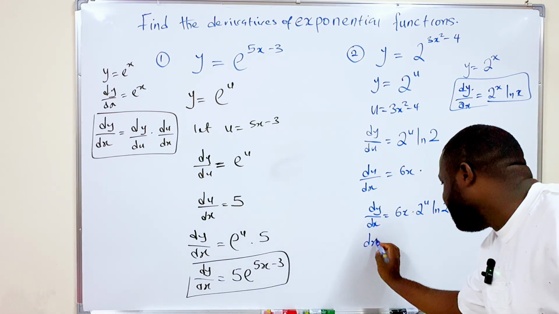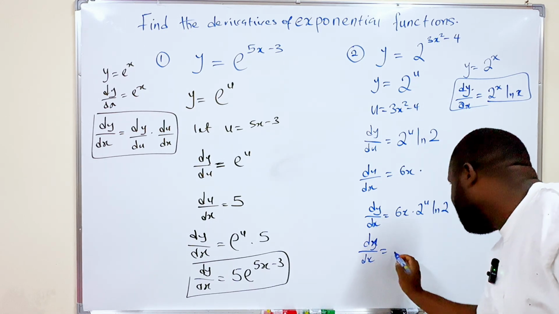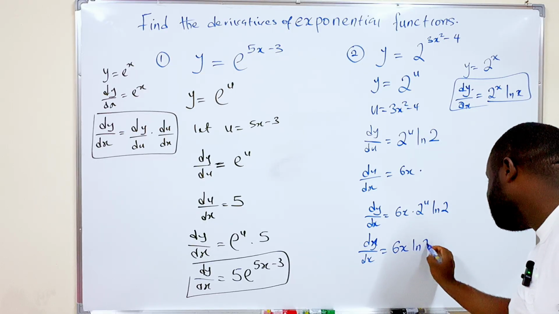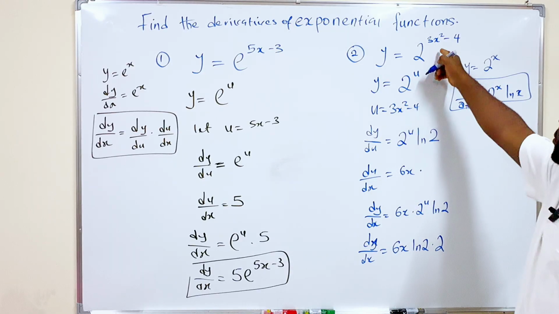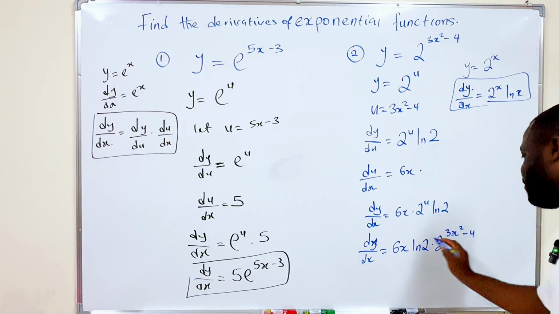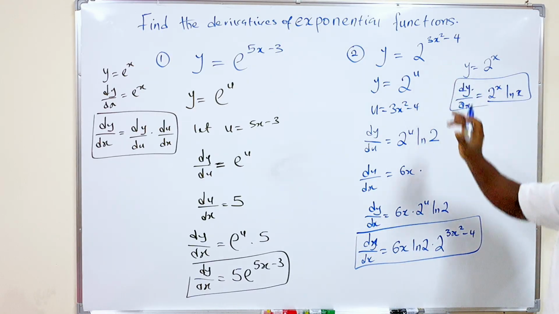So let's simplify this. The dy/dx will now be 6x ln 2 multiplied by 2 power u. Our u is what? 3x squared minus 4. And that is the derivative of this equation.